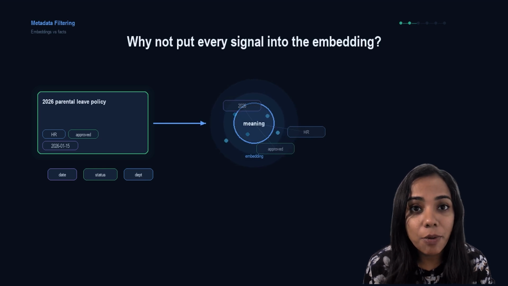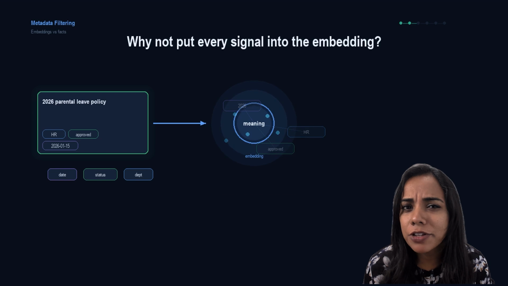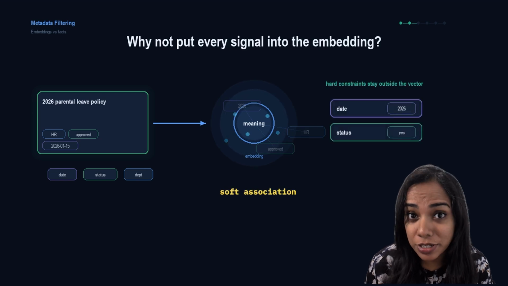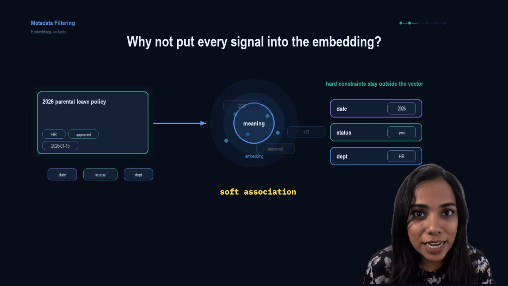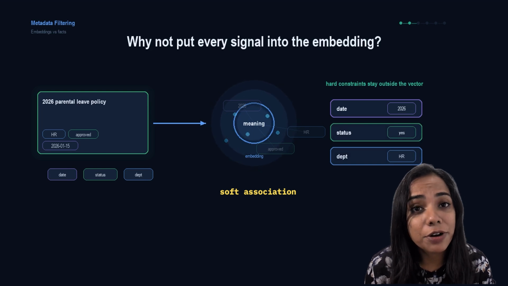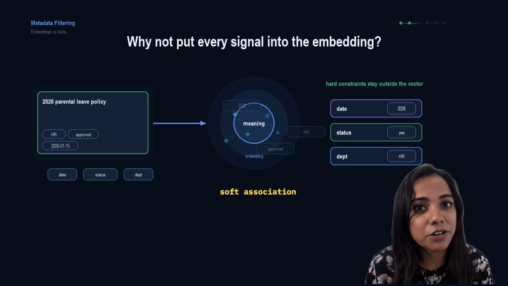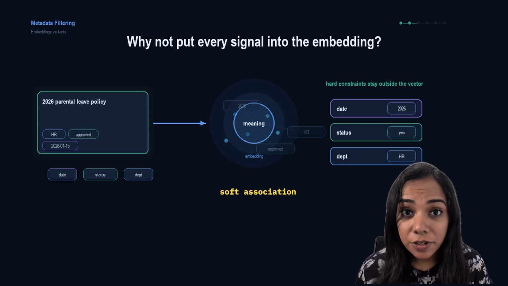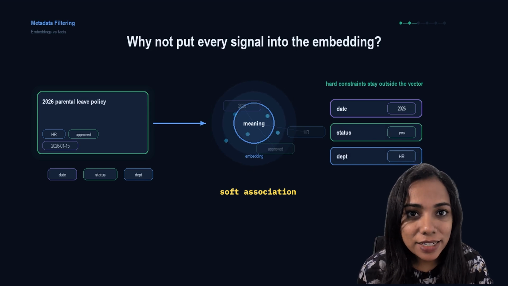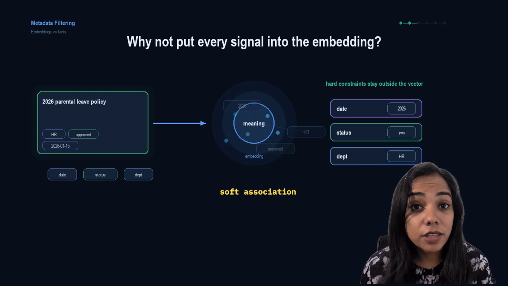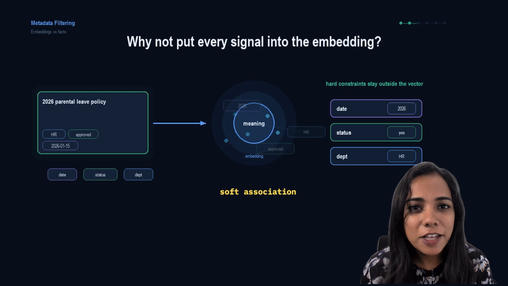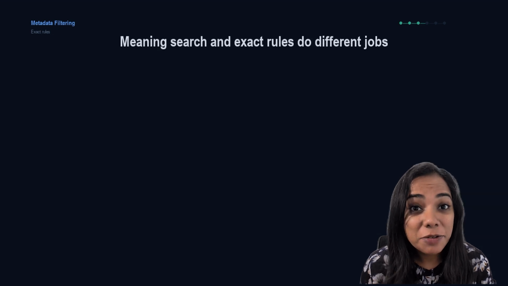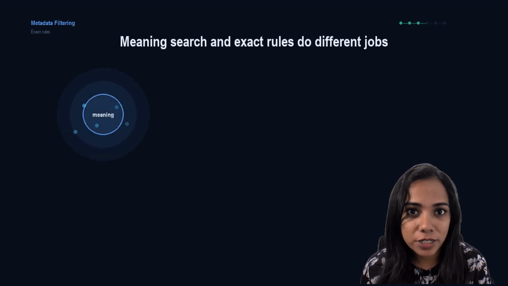An embedding model might sort of associate 2026 with recency, but it has no guarantee of treating dates, statuses, or department names as hard constraints. Metadata filters are exact and deterministic. Either a document is tagged approved or it isn't. There's no fuzziness. That precision is the whole point.